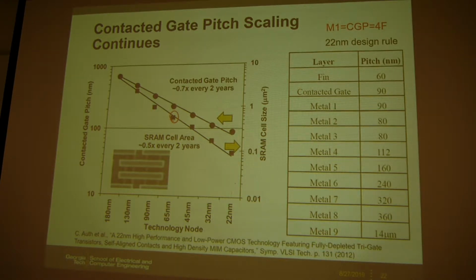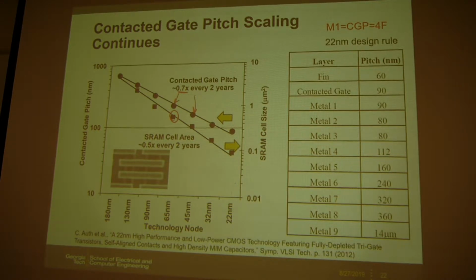I think if you look at Intel's latest data for 14 nanometer and 10 nanometer, this scaling trend is still going on. This is because, again, this contact gate pitch here scales 0.7x per generation. So this is scaling, and on the right hand side we have a table.